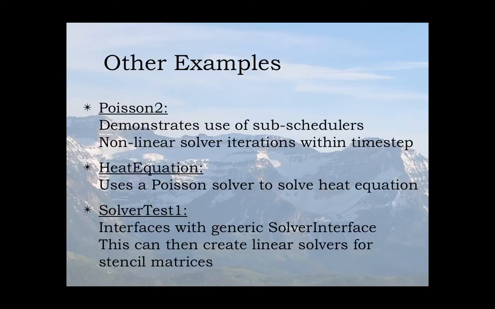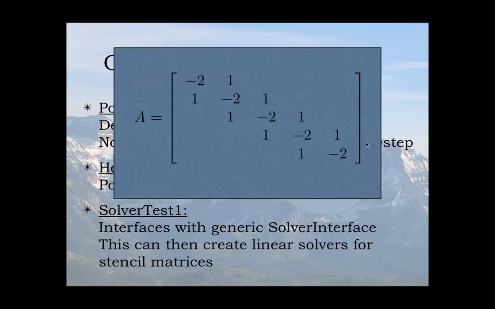You require one neighbor cell in each direction. So this is going to translate into a matrix that looks something like this. It's going to be a tridiagonal or a multi-diagonal system. So you have some stencil, and then that stencil translates into a matrix.